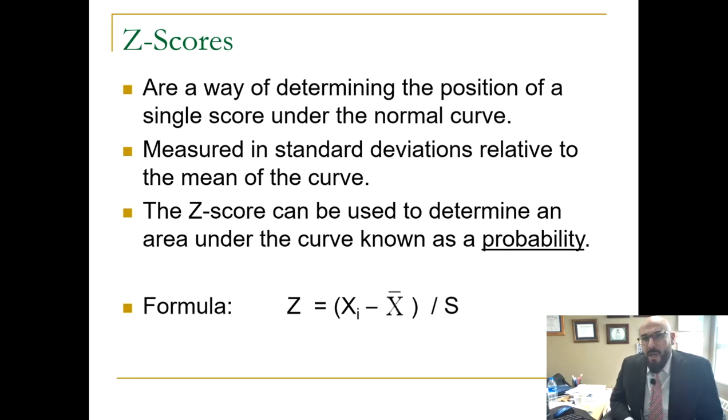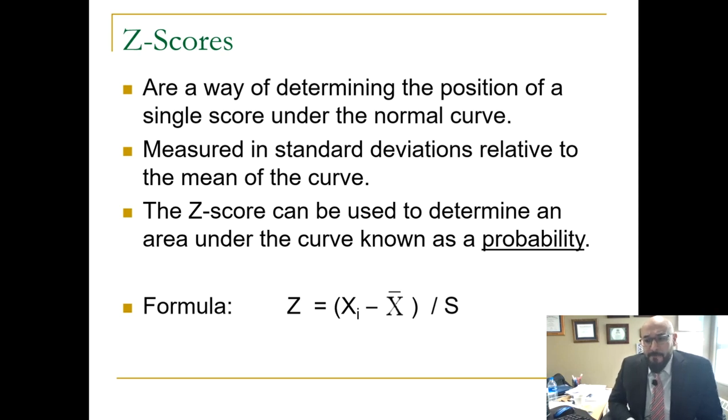The question is where I am located compared to the rest of the class. This z-score will help you understand where you are located compared to the rest of the class. The same thing applies for manufacturing or a process in a service industry.